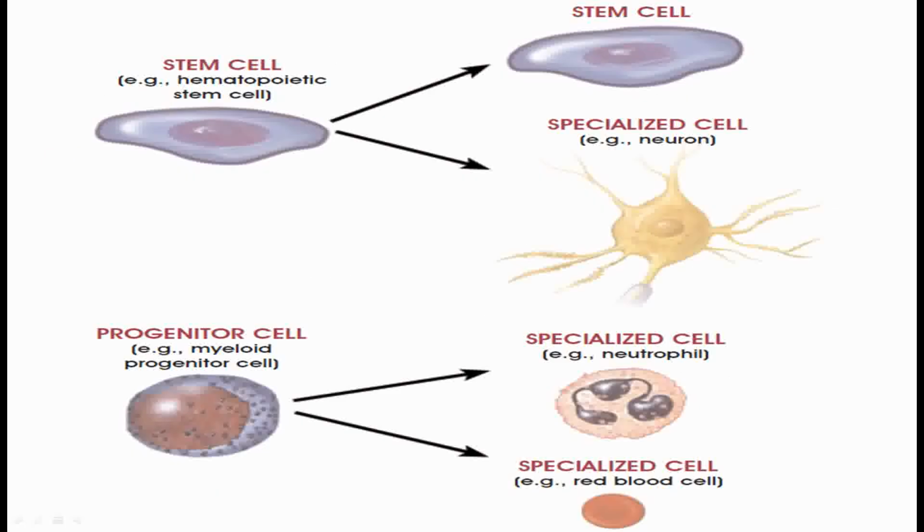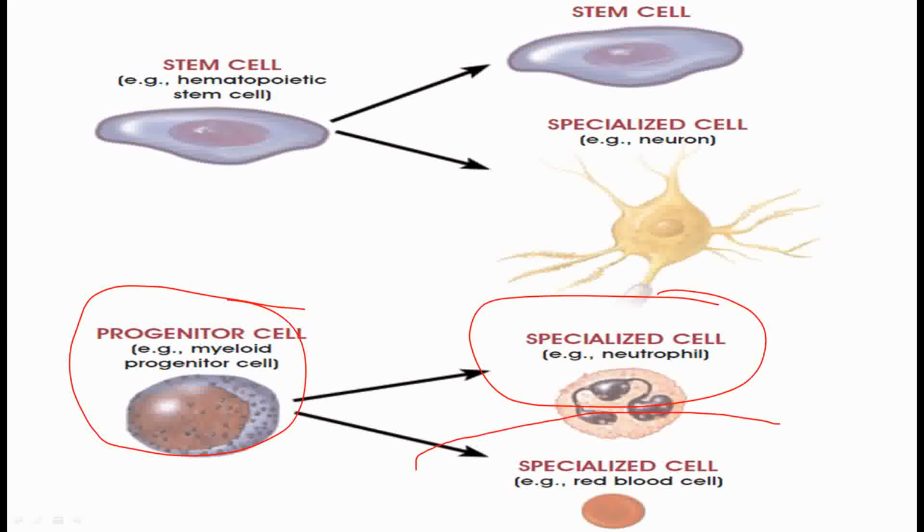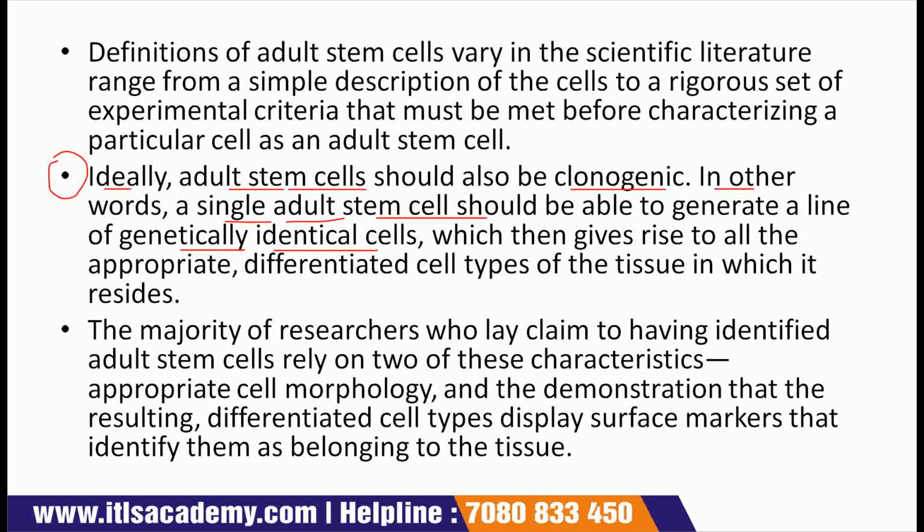You can see here in this diagram, this stem cell is giving rise to specialized cells, and these both cells are cloned to each other. So here it is known that these both cloned cells are genetically identical.